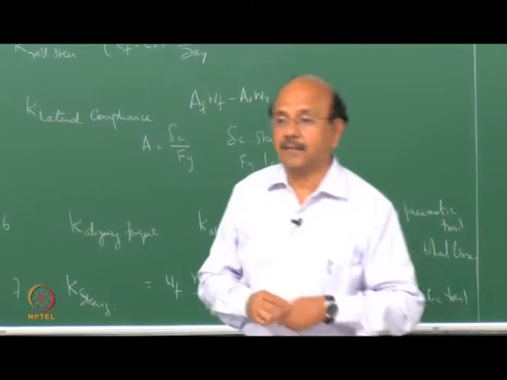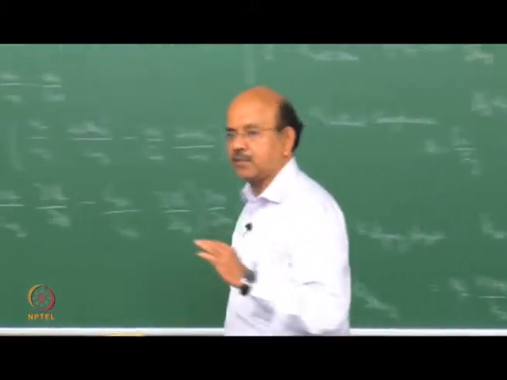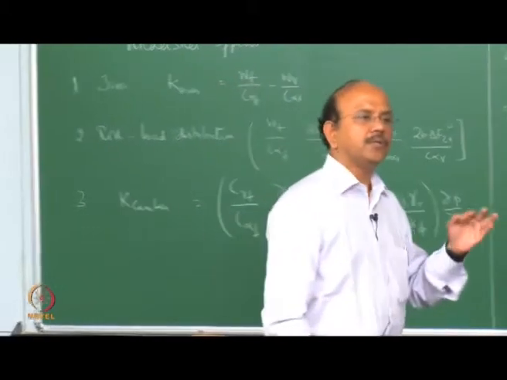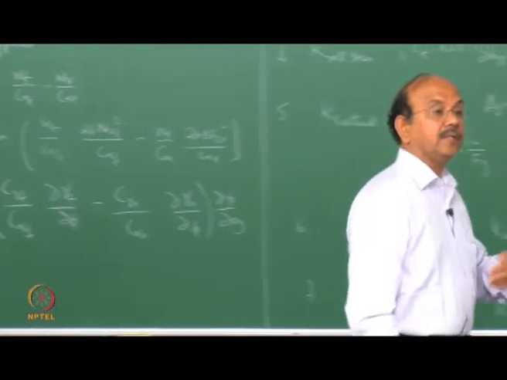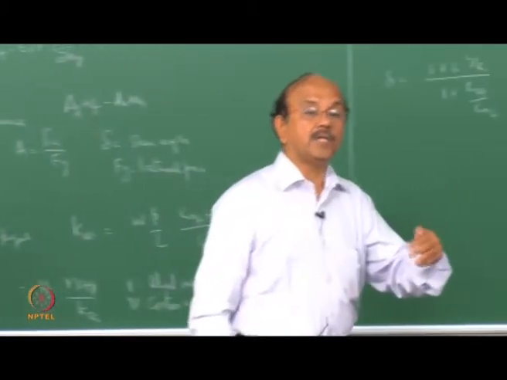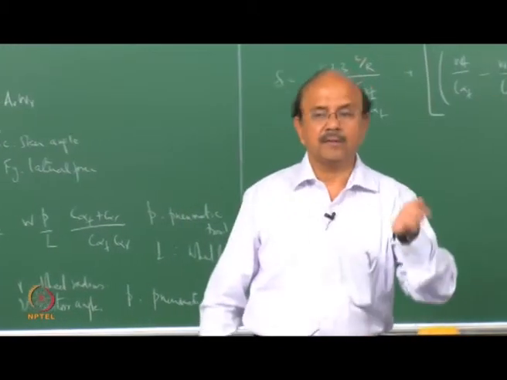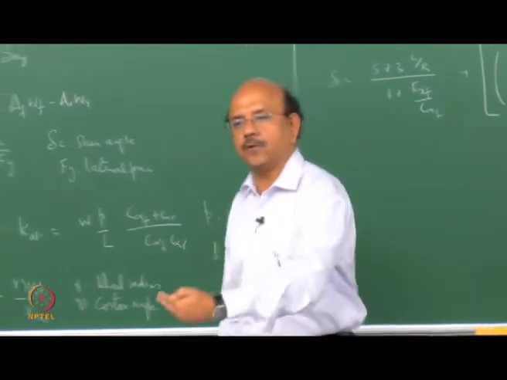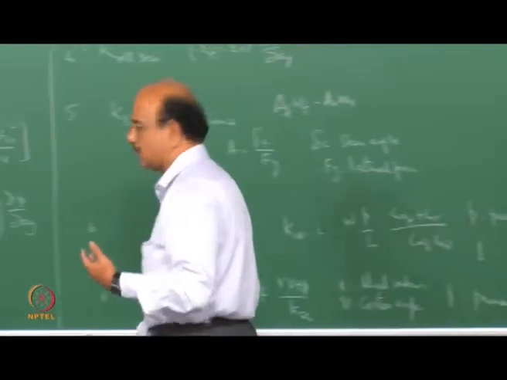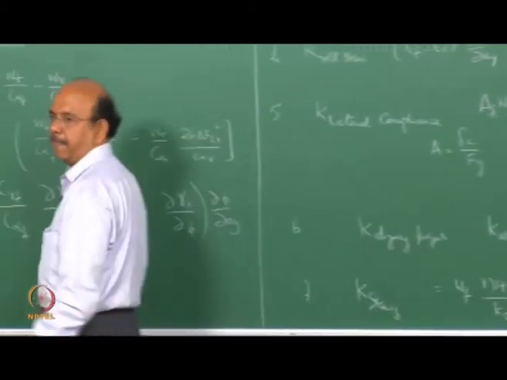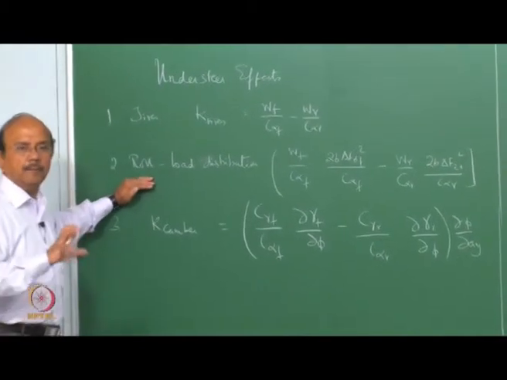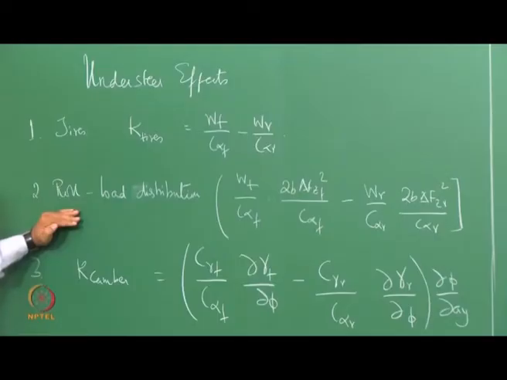We realized that there are a number of other factors which are going to play a role when it comes to the steering input. In other words, other factors may make us give more steering input or less steering input. These are the factors which cause what we called understeer or oversteer. The first thing, remember, we talked about the load distribution, redistribution during roll.